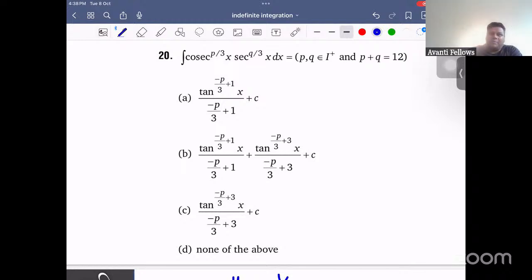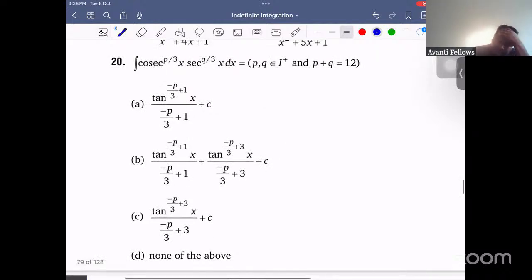Well, now let me explain it to you guys. See, the question is, one thing to notice here is that this power sum is 12. Got it?